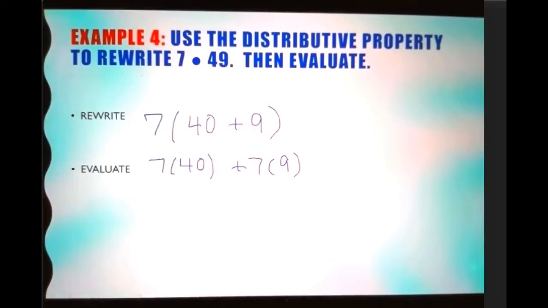Logan, what's 7 times 4? Not 40, just 4. What's 7 times 4? Perfect. So guess what, guys? 7 times 40 is 280.